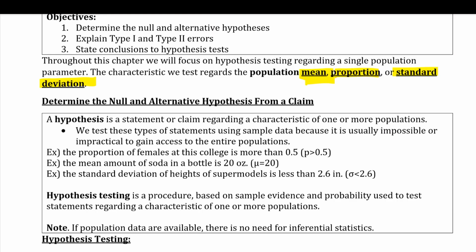Oftentimes the first time you hear the word hypothesis is when you're talking about the scientific method back in middle school or so. And what was a hypothesis? Well, it's a certain statement or claim regarding the characteristic of one or more populations, at least in the context of what we're doing.